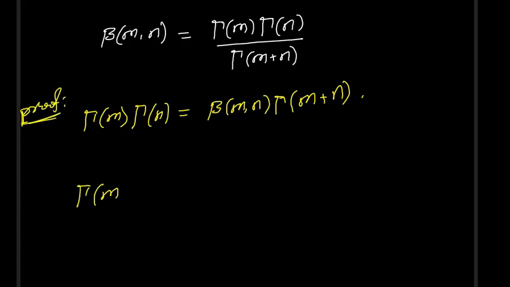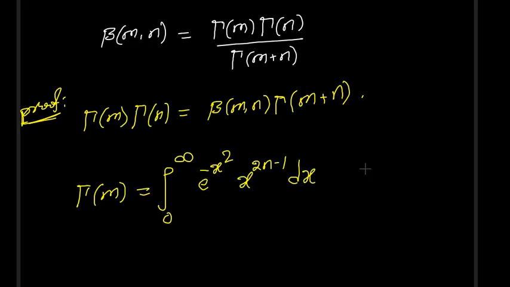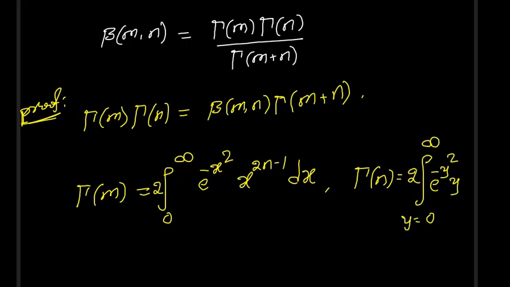So gamma m, I would write it like 2 times the integral from 0 to infinity of e to the power negative x squared and x to the power of 2m minus 1 times dx. And gamma n we would write in terms of y, that is 2 times the integral from 0 to infinity of e to the power minus y squared, y to the power of 2n minus 1 into dy.